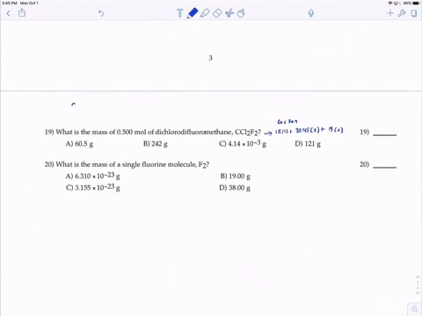So we have 0.5 moles of CCl2F2 times 130.9 grams CCl2F2 per mole CCl2F2, which is equal to 60.